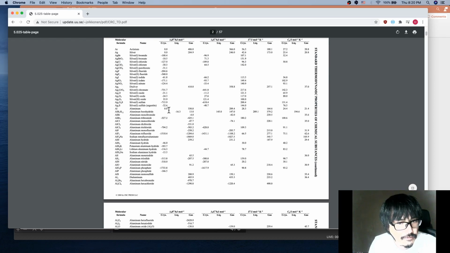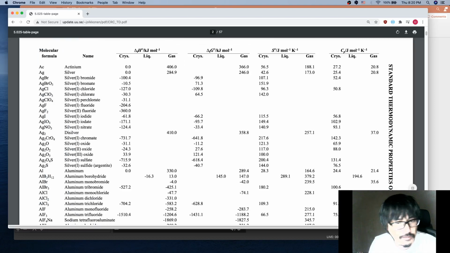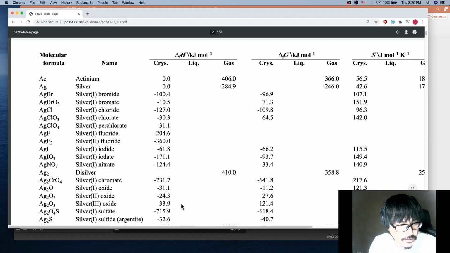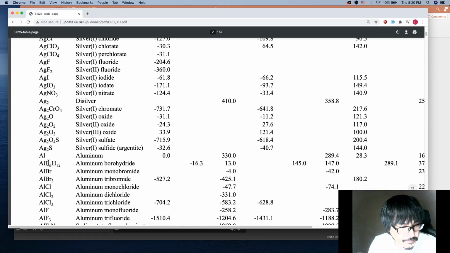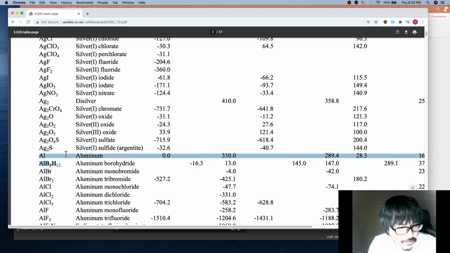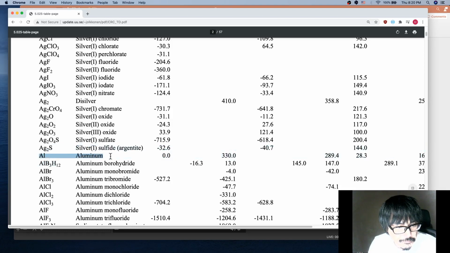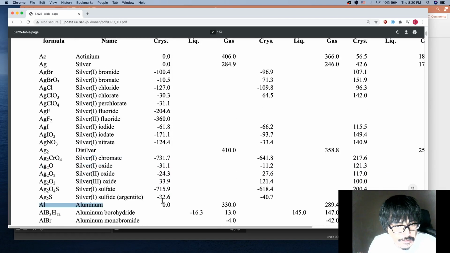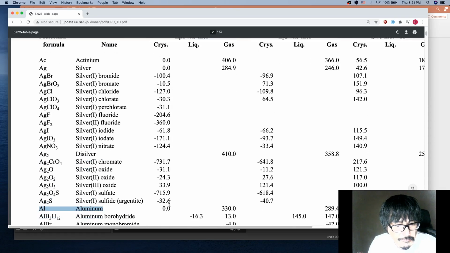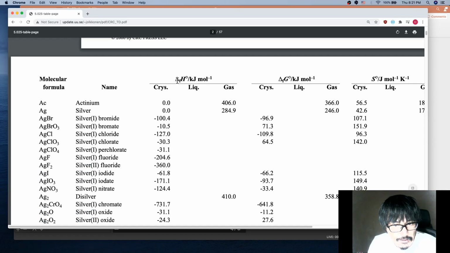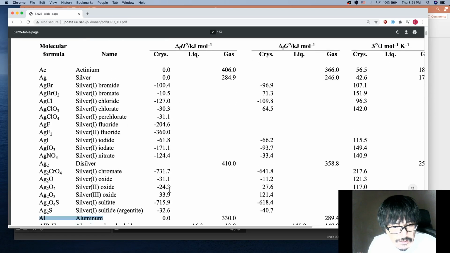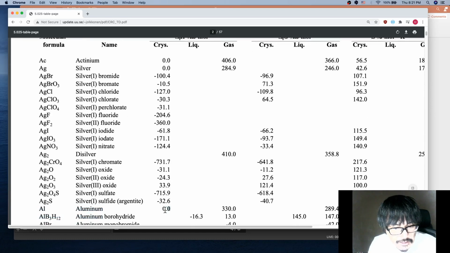Like for example, aluminum. Pure aluminum, that's aluminum metal, the standard enthalpy of formation is 0.